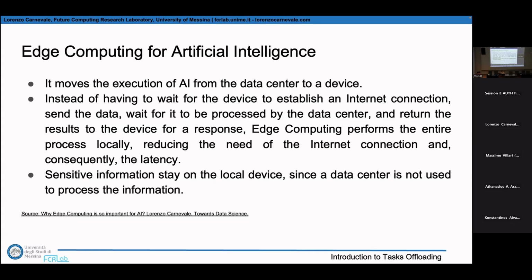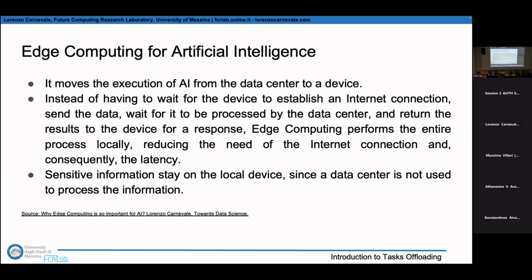So instead of having to wait for an internet connection to be established, this can start processing data where data are generated. So edge computing is this kind of paradigm that tries to reduce the need of moving a lot of data, and mostly raw data, over the internet.